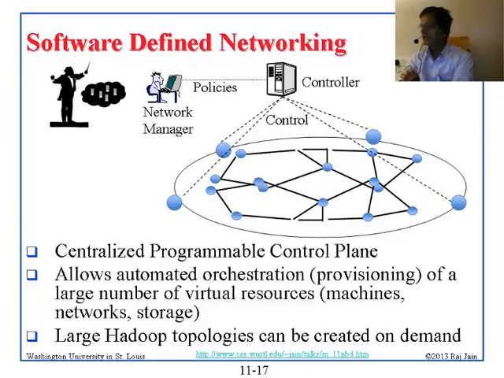That is what is done in networking now: when the central controller says something, you can provision thousands of machines and thousands of switches very fast. That is called orchestration. So large Hadoop topologies can be created on demand. You can decide right away that, okay, I need 1,000 map task nodes and 1,000 data nodes, and you can do that very fast with software-defined networking.